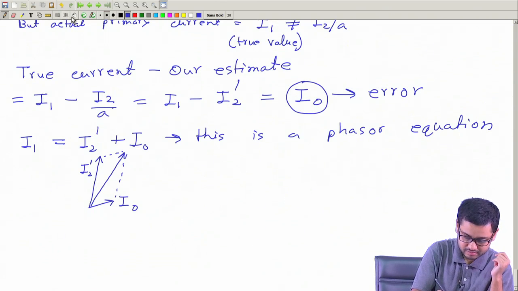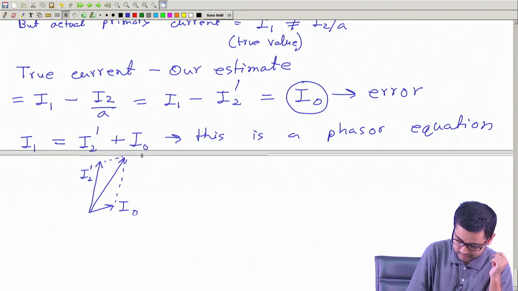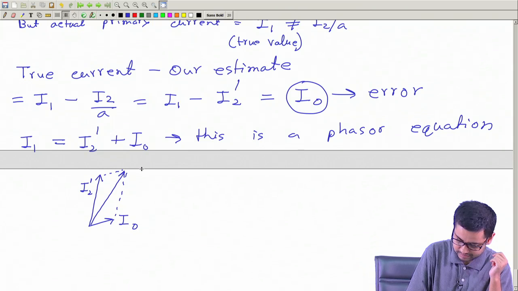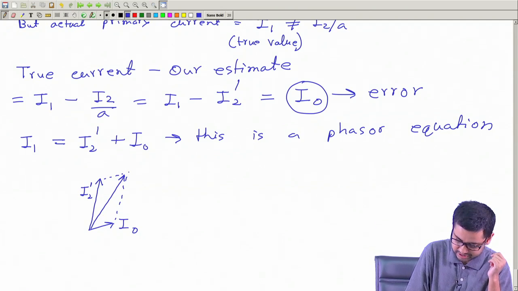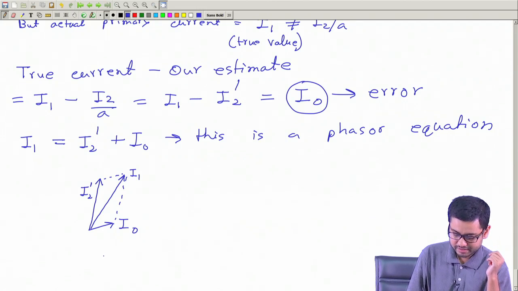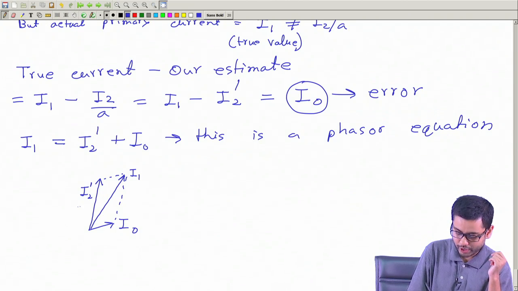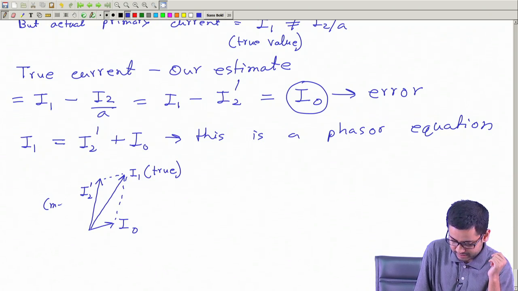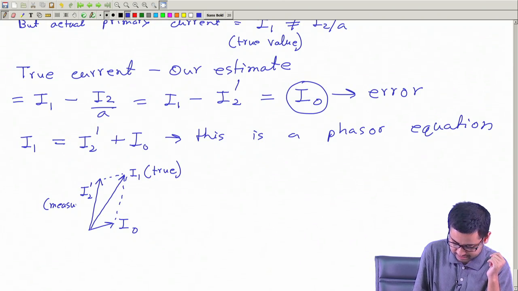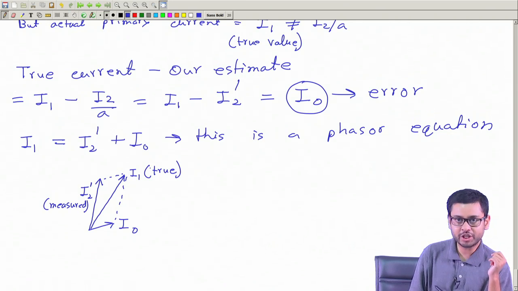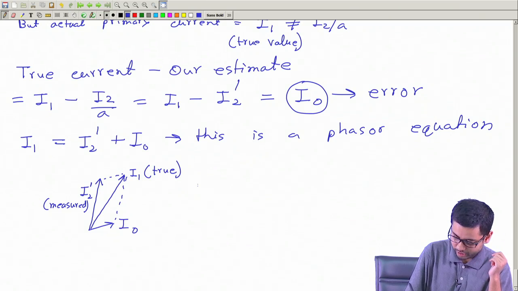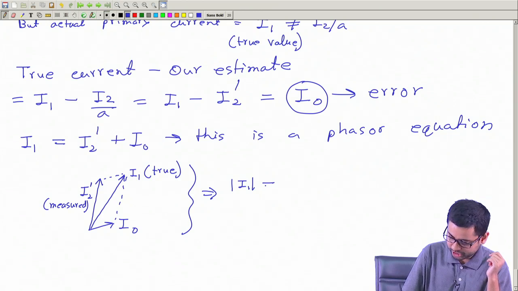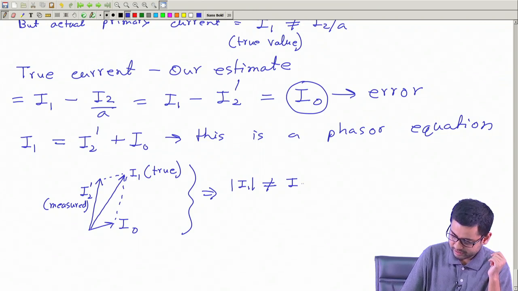So this is I1. Now I1 is of course not equal to I2. This is the true value and this is the measured value, our estimate. And these two are not equal. So we can write that the magnitude of I1 is not equal to the magnitude of I2 prime.